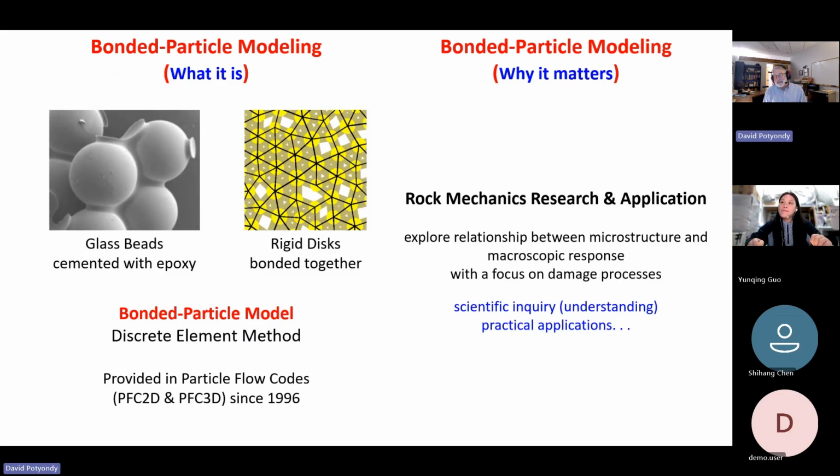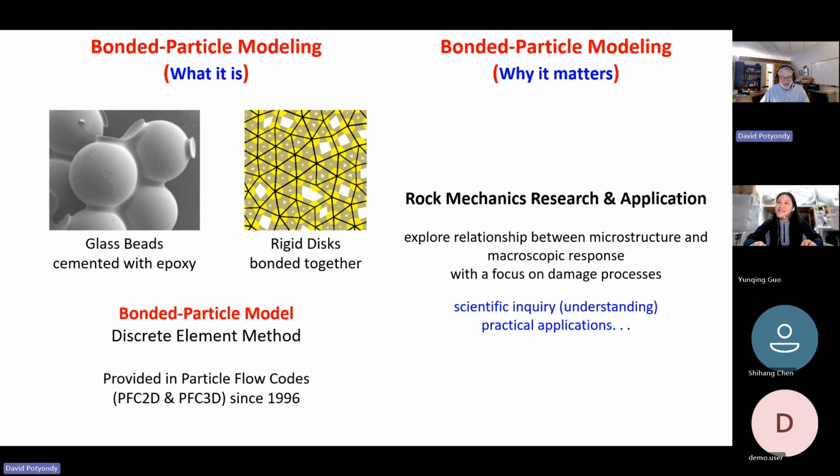The key thing that it lets you do is you can build a microstructure. And then once you build that microstructure, you can subject it to loading and you can observe the macroscopic response, right? The thing we're usually interested in is the damage.